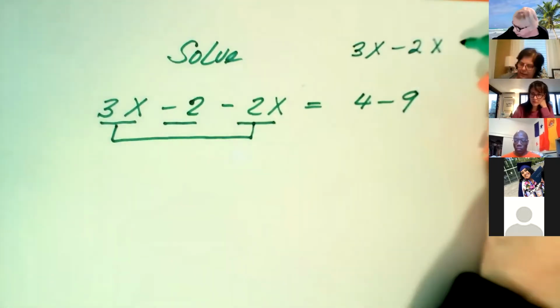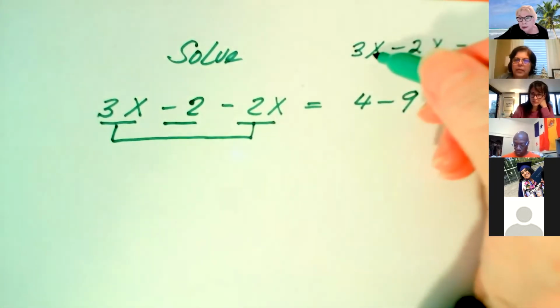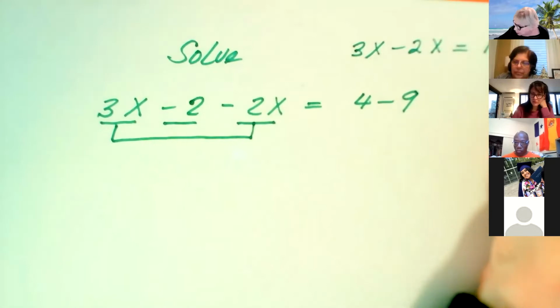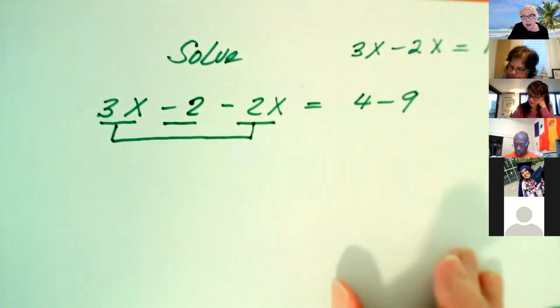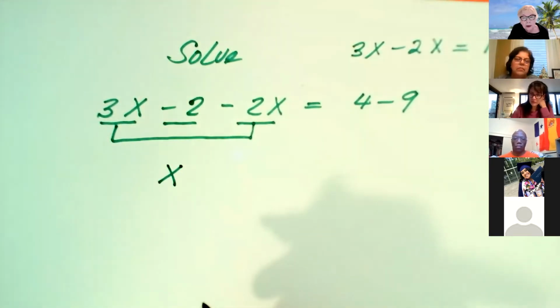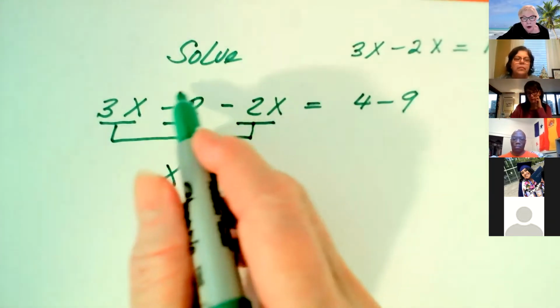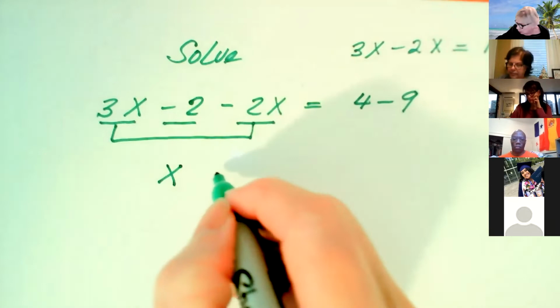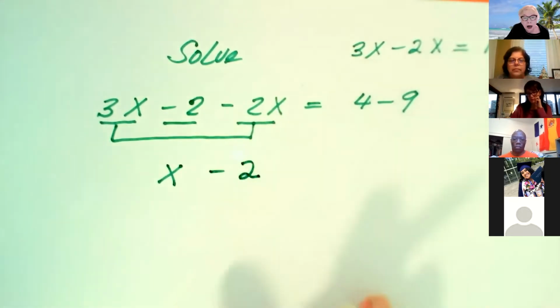Together, 3 take away 2 is 1x. You could say 1x, or the way they do things, just x, because x and 1x are the same thing. Now you can't throw away the subtract 2, so I'm just going to copy it there.